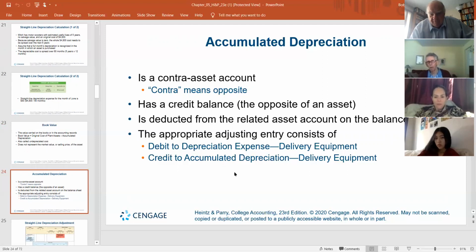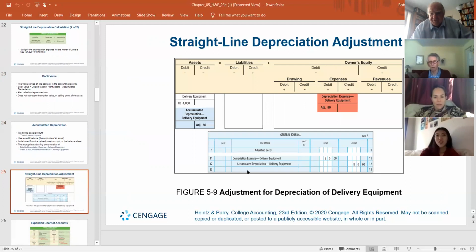We will never credit the original cost of that asset. Not in this course, I don't believe. What we are reducing each month is the net book value. So let's take a look here. Delivery equipment, we paid $4,800. That $4,800 is going to stay there for the next 1,000 years if the business kept going. It's not going to change.